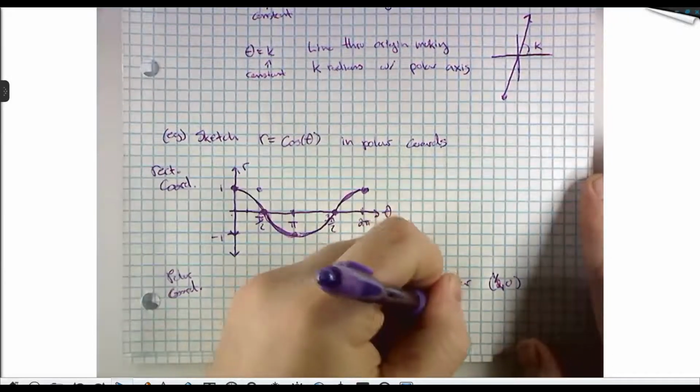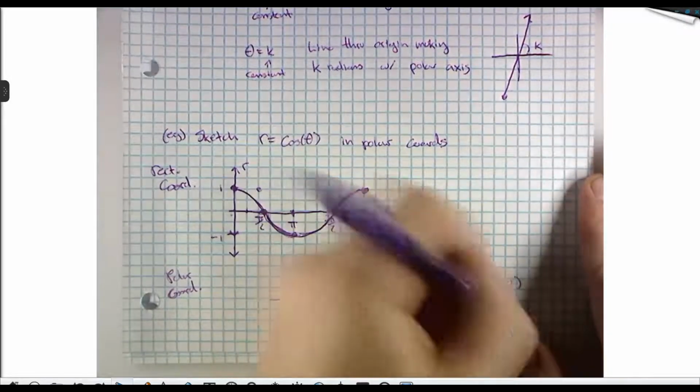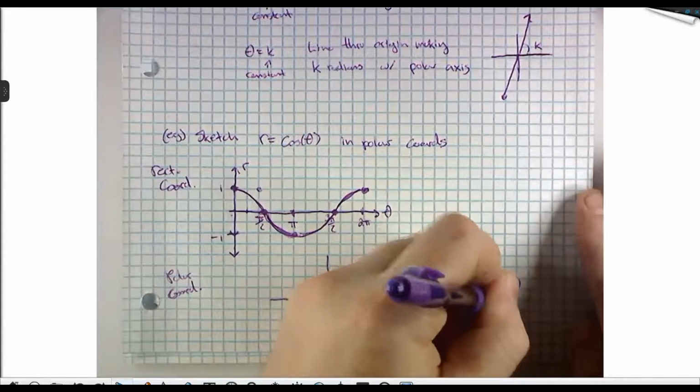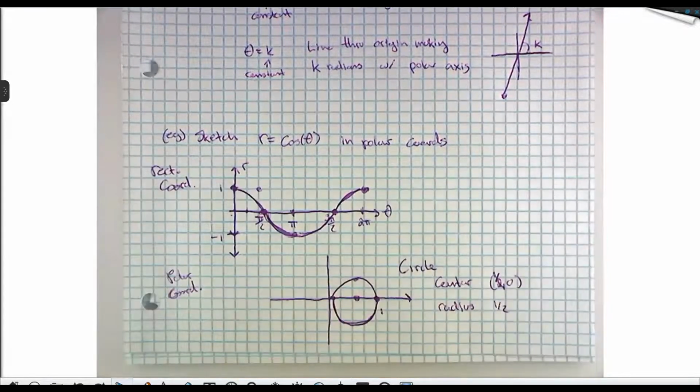And the radius is 1/2. That's the polar graph of r equals cos theta.